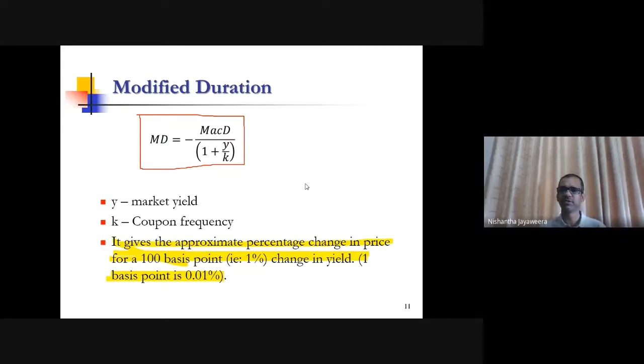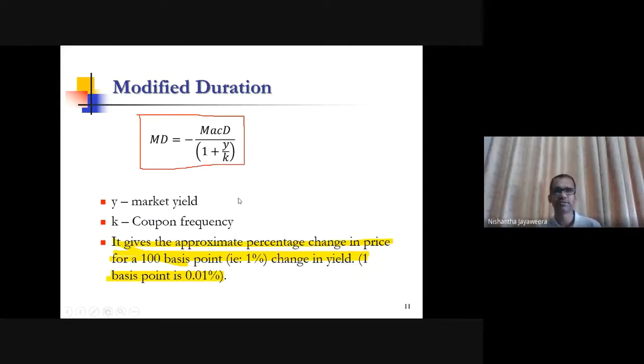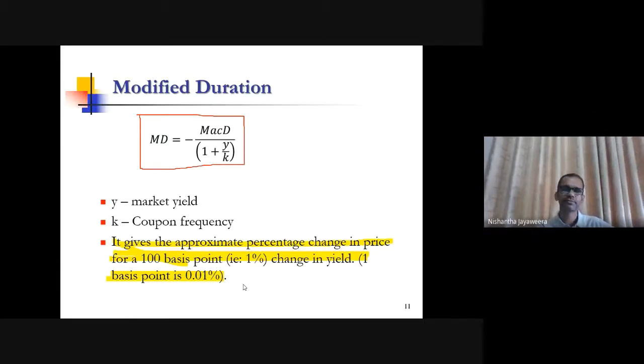So you can use duration as a percentage, but precisely it would be the modified duration. You can calculate Macaulay duration and modified duration at different yields. You can see there's not that big difference, especially when the yields are very low. Any question? I'll give you a graphical interpretation of this as well. Before we move into that, is there any question?